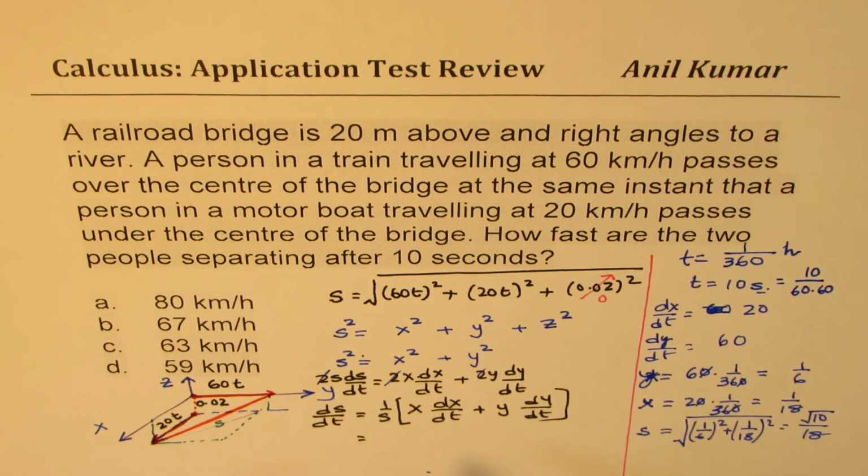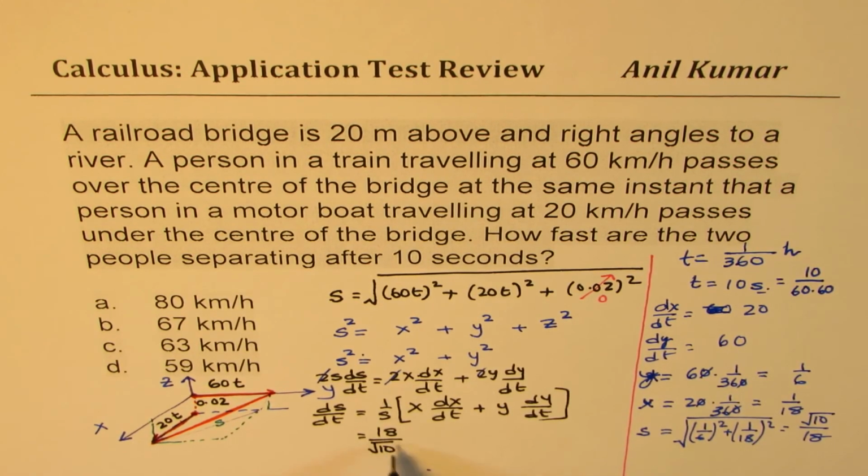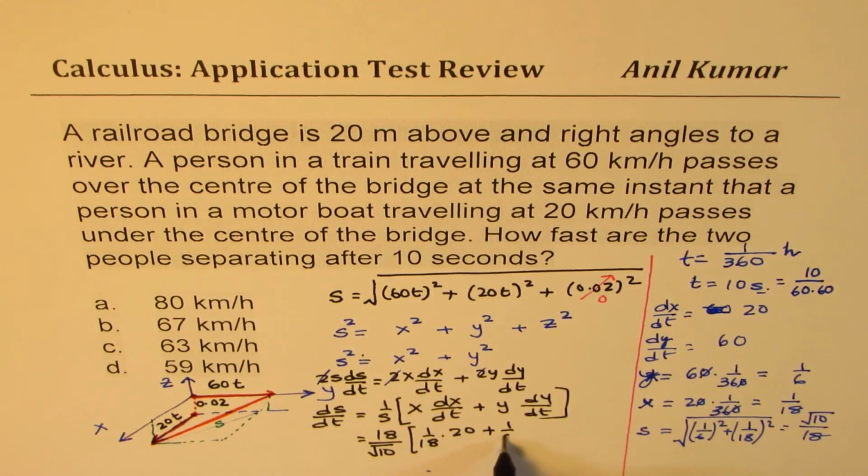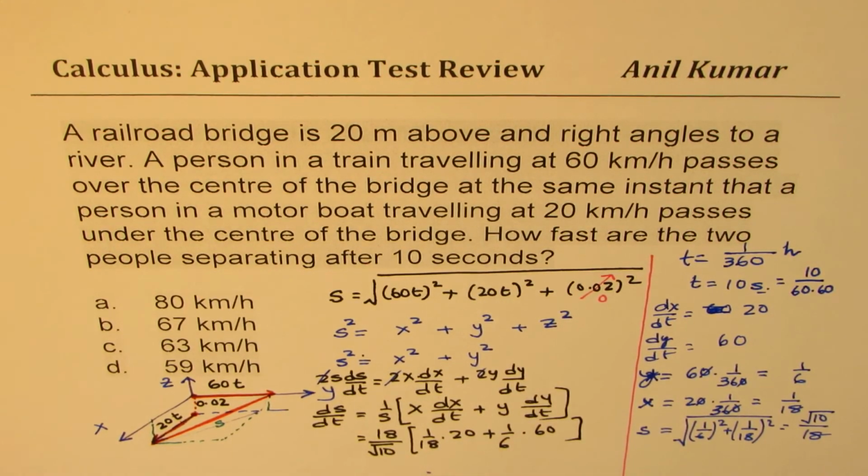So 1 over s means I could write this as 18 over square root 10. And here x is 1 over 18 times dx/dt, which is 20, plus y is 1 over 6 times dy/dt, which is 60. Right?